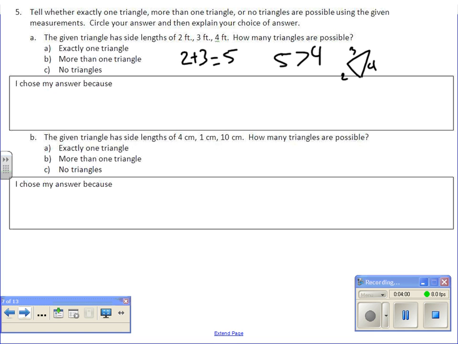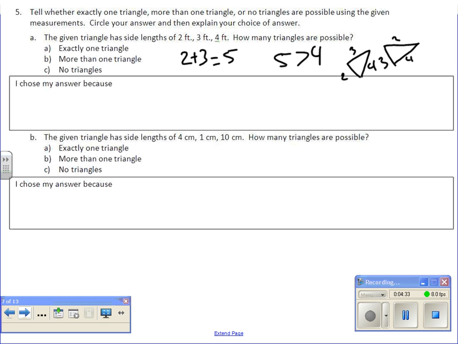Is that going to be a little bit different if I put my 3 right here? That one doesn't quite look right, but if I started with my 3, and then 4, this will be my 2.